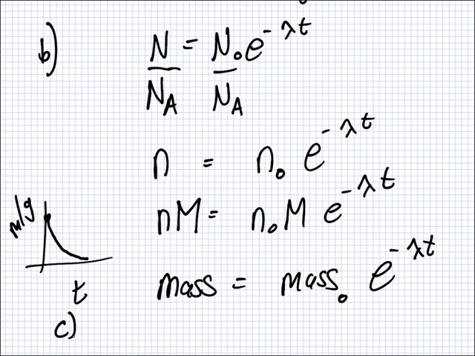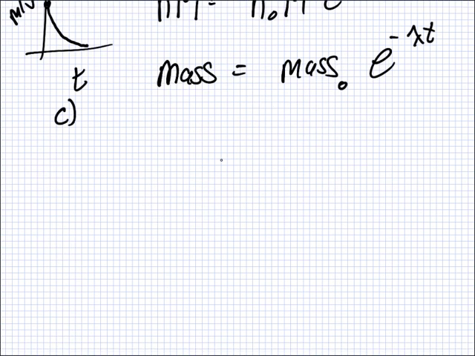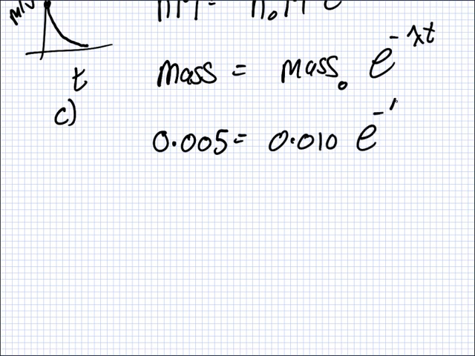C. What is the lambda? So if I use this new formula, we know that after 7 hours there's 5 grams, but we started with 10 grams. Now, 5 grams equals 10 grams e minus lambda.